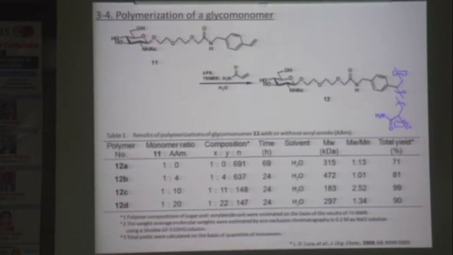These are compositions. This is time. These are solvents. These are molecular weights of polymers. These are degrees of dispersion. And these are final yields of respective polymers. A couple of polymers were obtained and the biological evaluations of glycopolymers were performed.